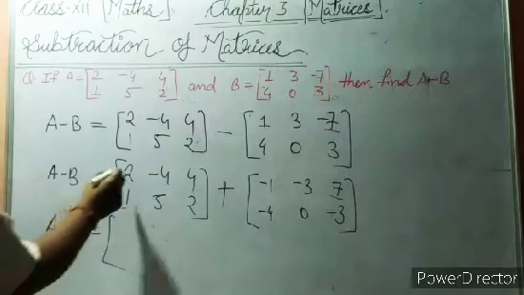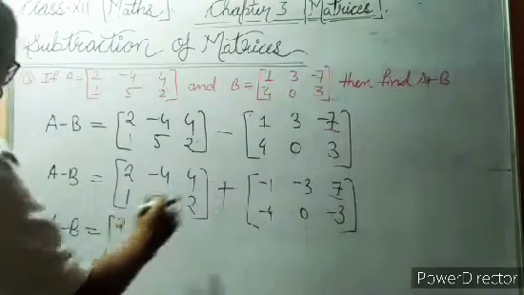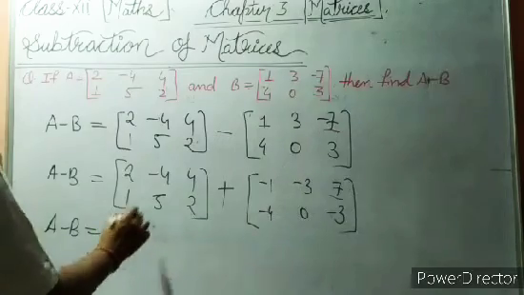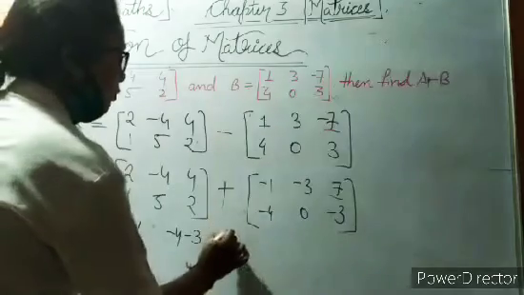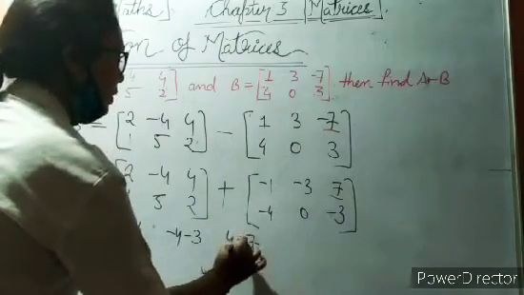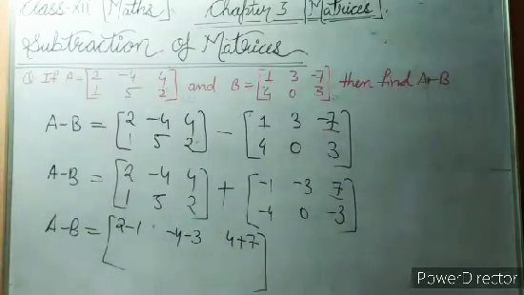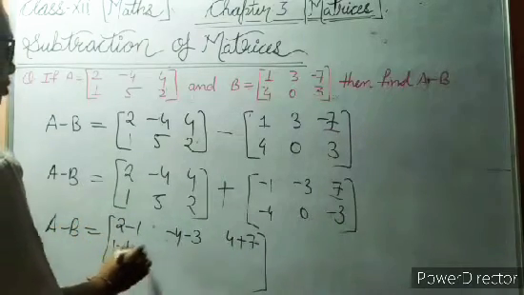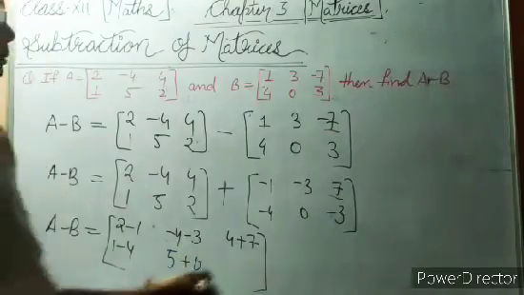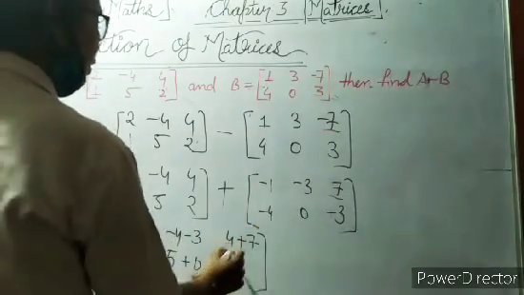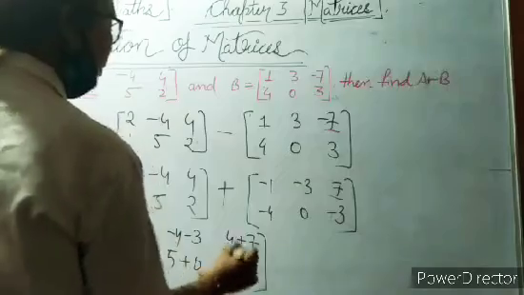Okay, now you see 2 minus 1, -4 minus 3, 4 plus 7. And the same way we will do 1 minus 4, 5 plus 0, 2 minus 3.